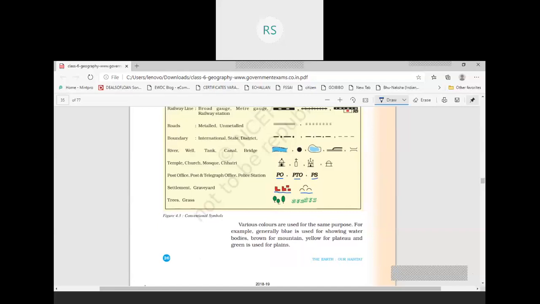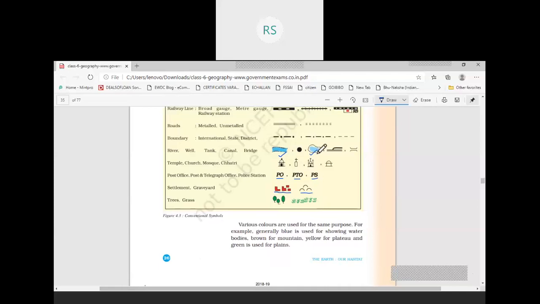Now we will see that various colors are also used for this purpose. We can use different colors. In this symbol also you are seeing this blue color, you can see it here. This blue color is used for showing water bodies, isn't it?